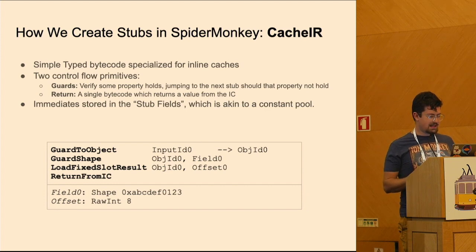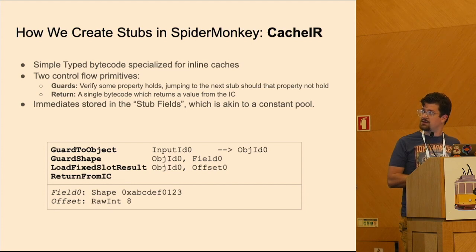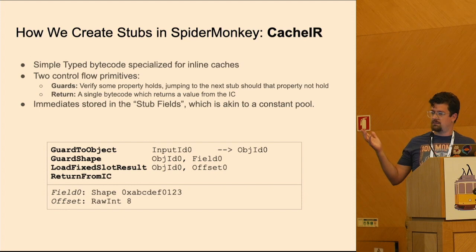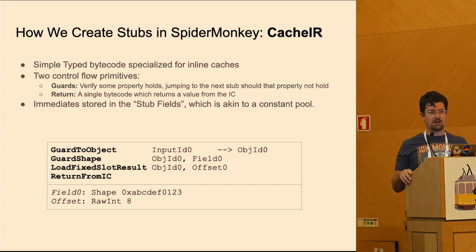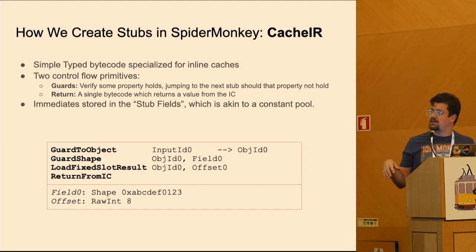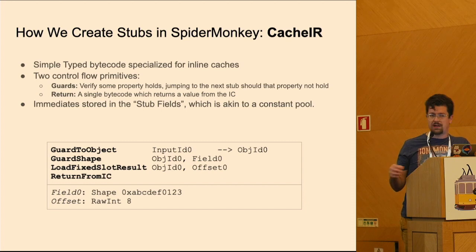So in this example, we have guard to object, which you can't see my cursor. So you have guard to object. This is converting an input, which could be any type, and saying if it is an object, then return a new operand ID of type object. It's guard type shape, so make sure that that object has a specified known shape.